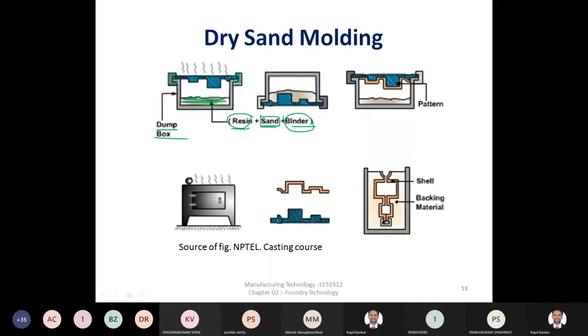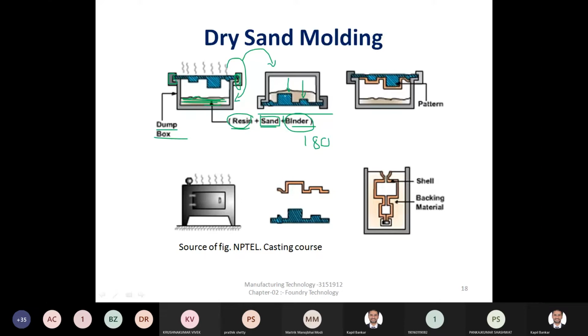Then you have to revert it by 180 degrees. So you will get this type of situation. In the second image, if you revert it by 180 degrees, your heated pattern will be at the bottom side, and whatever amount of resin, sand, and binders are filled up in the dump box can be poured on the heated pattern.